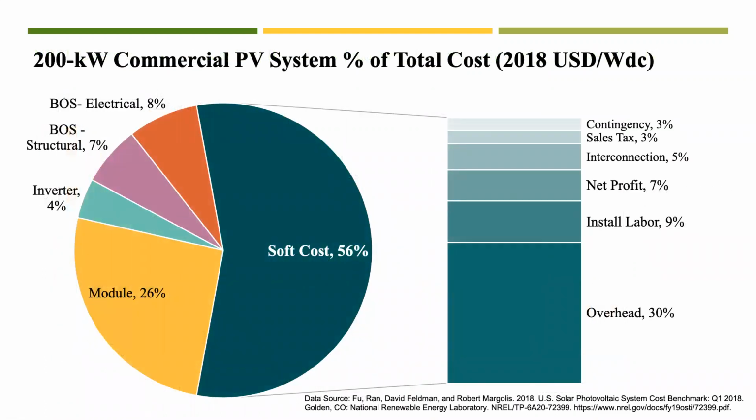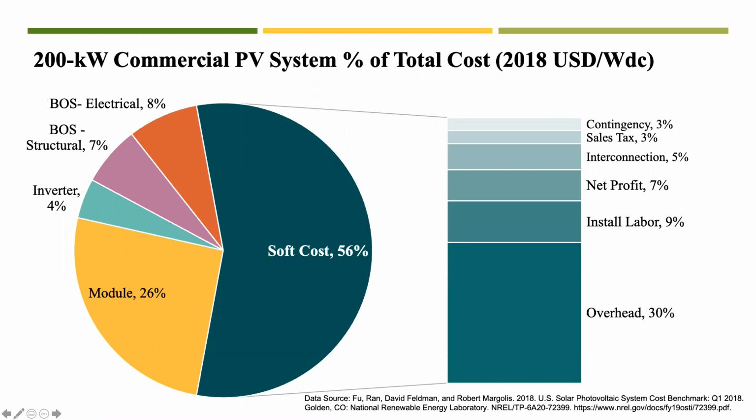So I wanted to look at this and start to have a little bit of a spending allocation for the total overall installation cost. This pie chart is looking at the total cost of a commercial PV system installed in 2018, and of the $1.88 per DC watt, what was that money going towards?